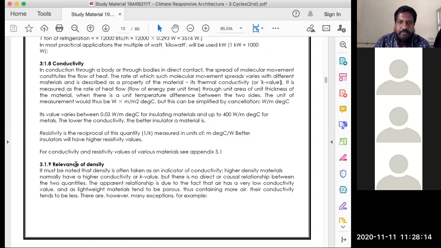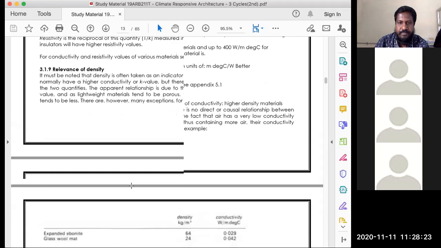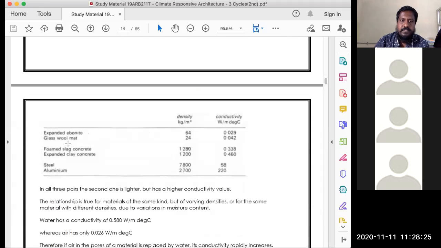The relevance of density, as I told you, the variation in the thickness or the density of a material also plays a very important role in the K value. This is one example they have given. What is the density of the material and what is the conductivity?